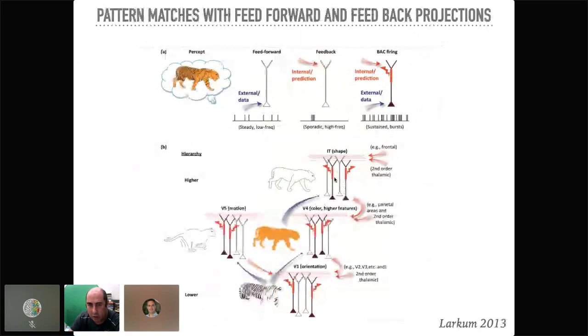So this is a very nice story, but this story is presenting a very static picture of what is going on, because we know that when we process information, sometimes we are very aware of the context, but sometimes we are concentrating on what's coming from the visual input and we don't pay attention to the context.